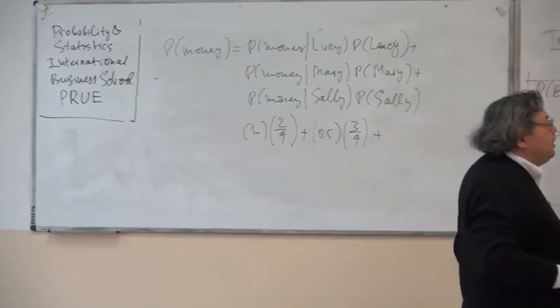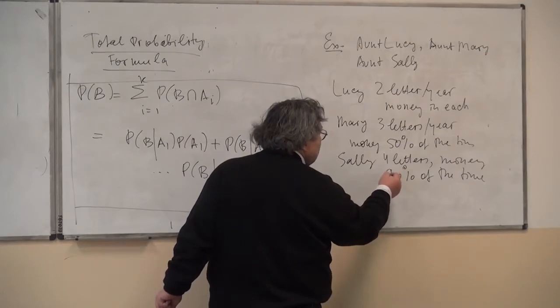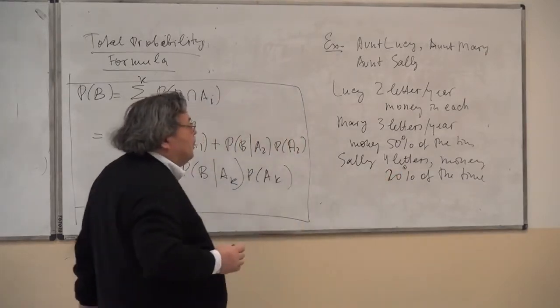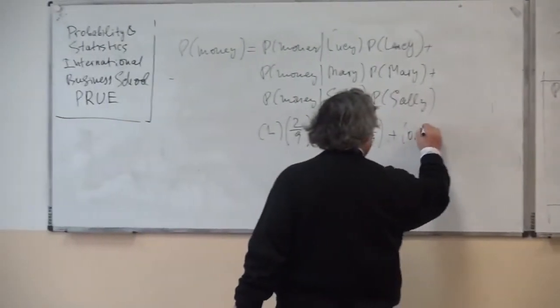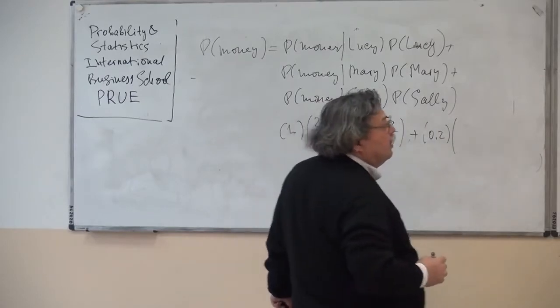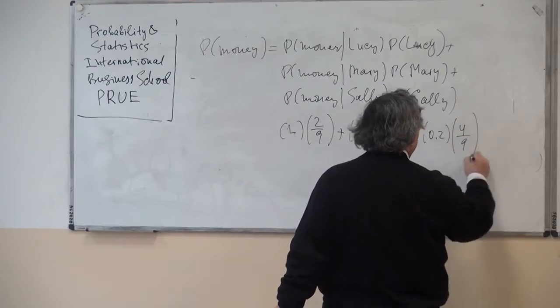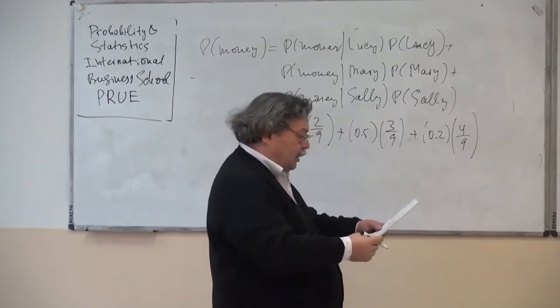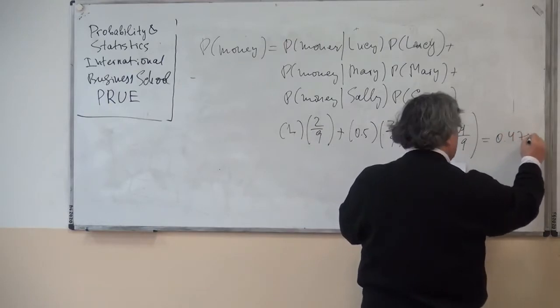And for the last one, the conditional probability is 20%, it's 0.2, and 4 letters out of 9 come from Aunt Sally, okay? Using the calculator, this is what we get, 0.478, okay?